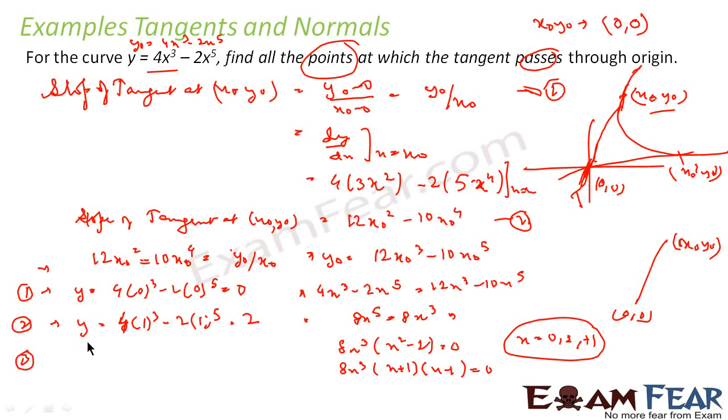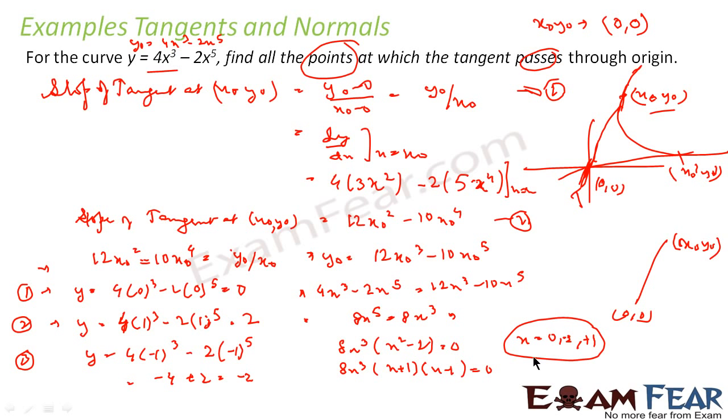Similarly case 3, where x is equal to minus 1, y is nothing but 4 into minus 1 cube minus 2 into minus 1 to the power 5. This is nothing but minus 4 and plus 2, that is minus 2.